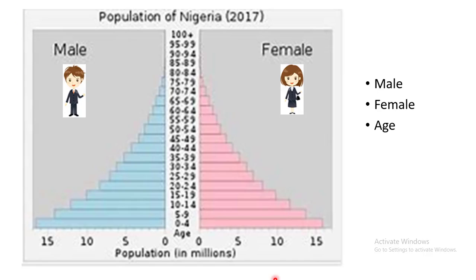Now, let's look at the aspect of the population. Remember, I just said the population is vital, because if you don't know the age, you don't know the sex or the gender that you require there, you don't have the number of children that are in a particular location, you won't know exactly what to plan. Like, if you even want to set up a higher institution, you need to know the number that require that higher institution.